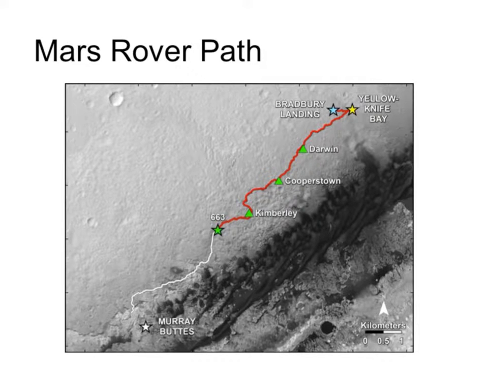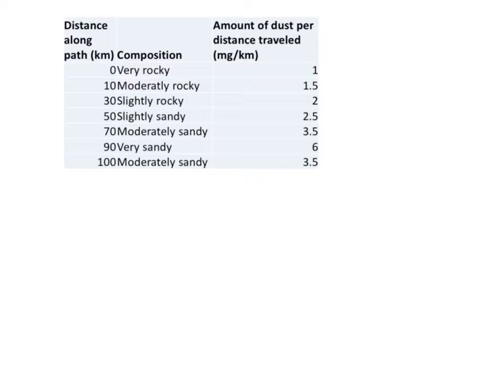They have mapped out a 100-kilometer path for the rover to follow and have collected satellite data about the composition of the Martian surface at various points along the route. Here is a table that shows the composition at the various points along the route with NASA's estimate of how much dust would accumulate on the solar cells per kilometer traveled over the surface.